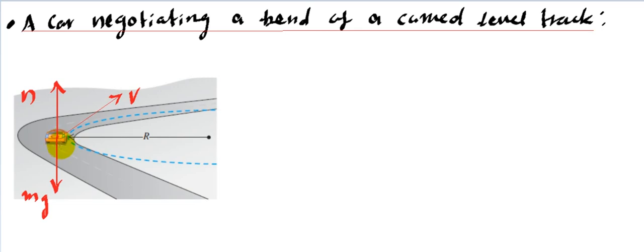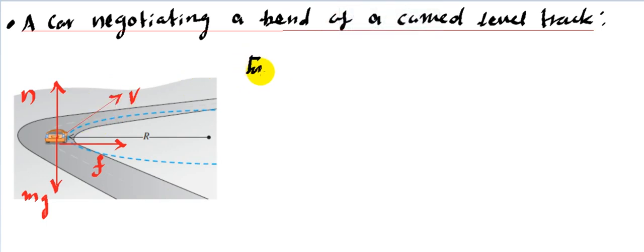The frictional force can provide the necessary centripetal force for the safe negotiation of the car, to keep that path circular. This frictional force is taken as F like that. Let us treat that situation mathematically.